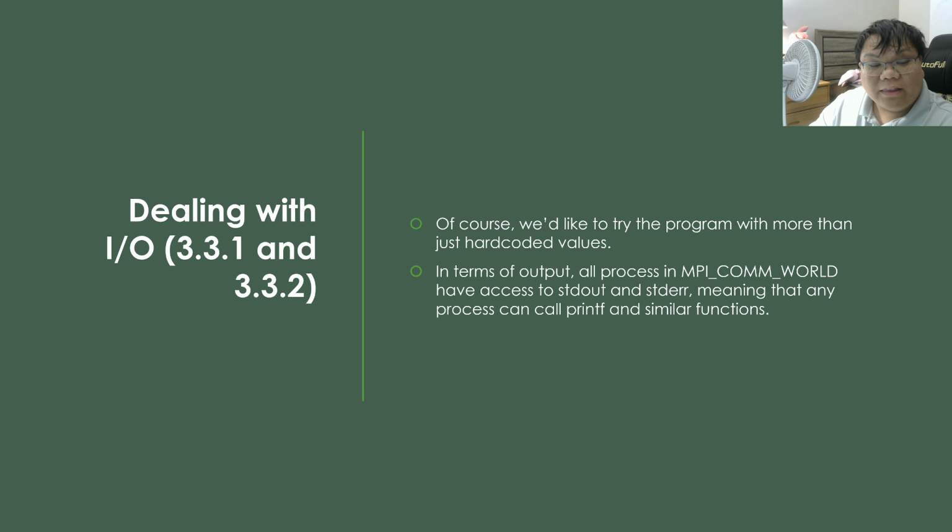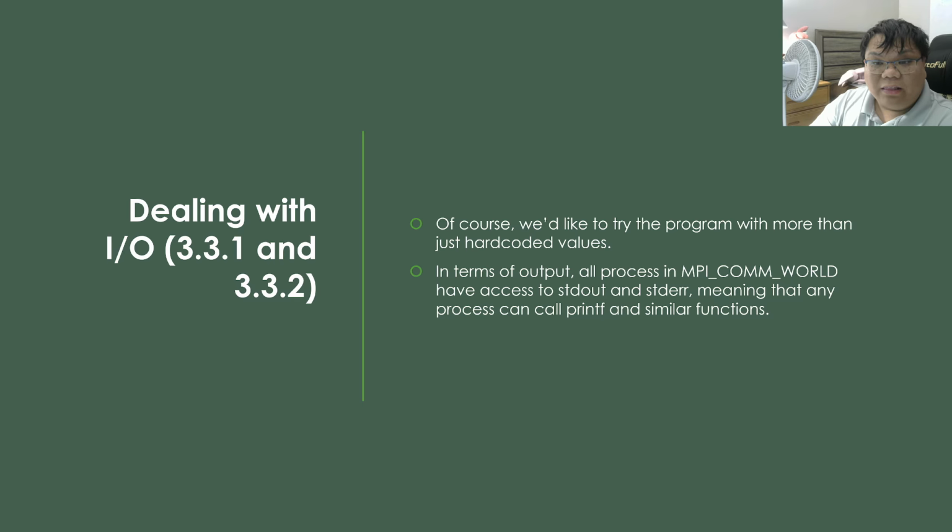And now we get to deal with one of several issues with MPI. We would like the program to run with more than just hard-coded values. We hard-coded the number of trapezoids to 1024, but there's nothing special about that.